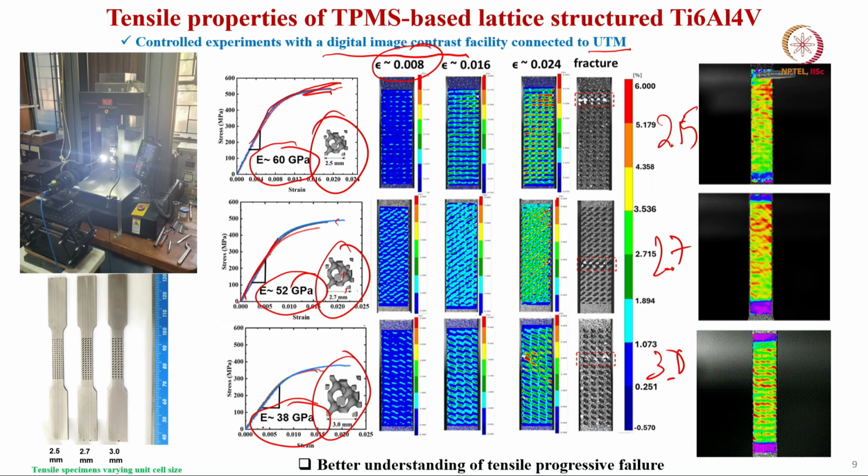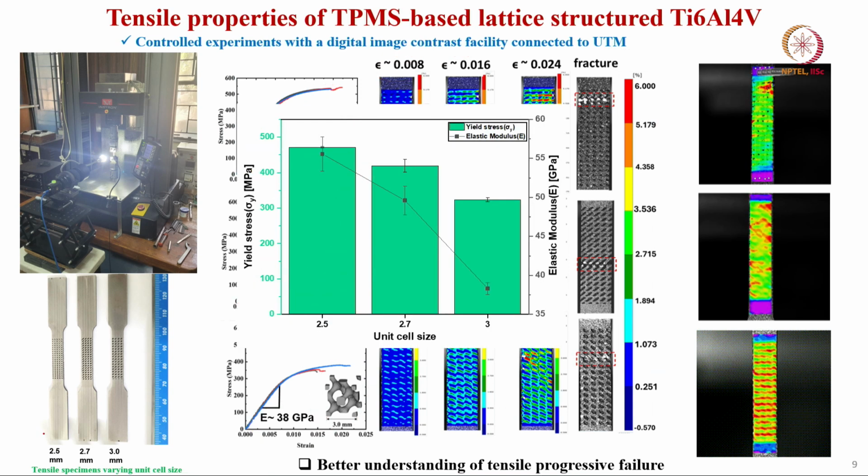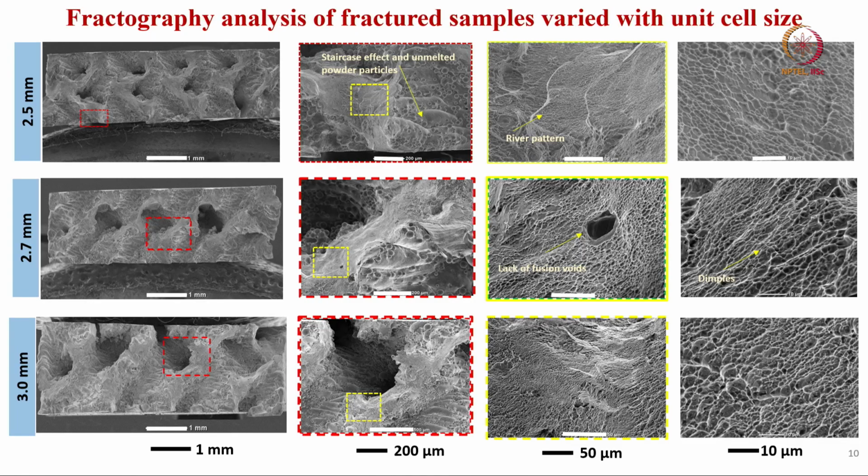Now, the question is whether this combination of strength, ductility and elastic modulus is well suited for cortical bone properties. What you can see is that yield strength and elastic modulus show a very clear trend with increase in unit cell size: both properties systematically decrease.